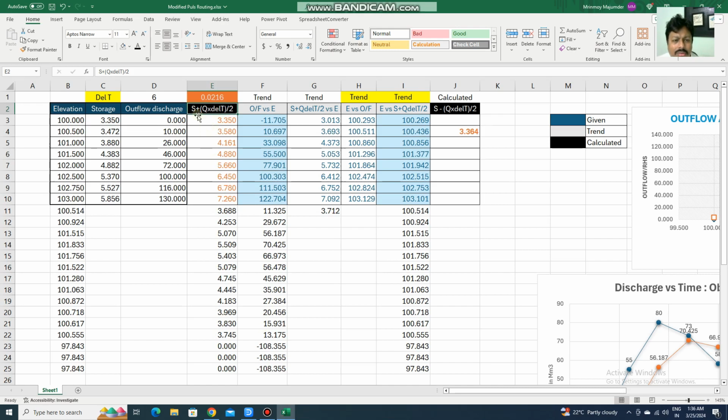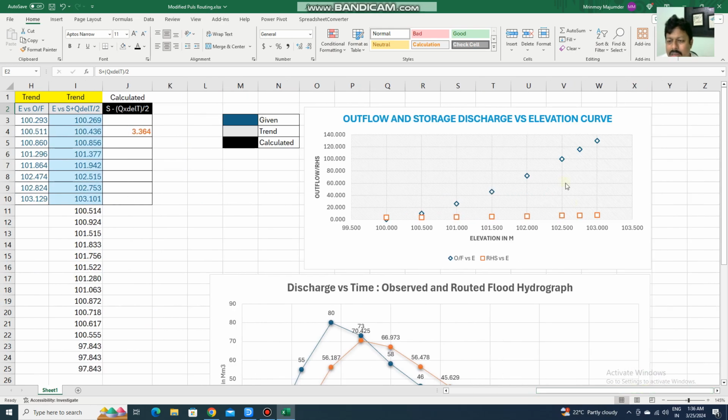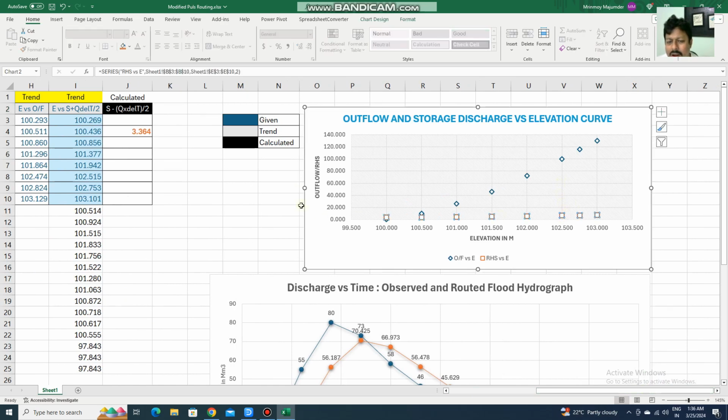You find this S plus Q del T by 2 for all the elevation, and you draw a curve. Now, in the y-axis it is S plus Q del T by 2, and in the x-axis this is elevation. I think this is the curve. Okay, so this is the curve.